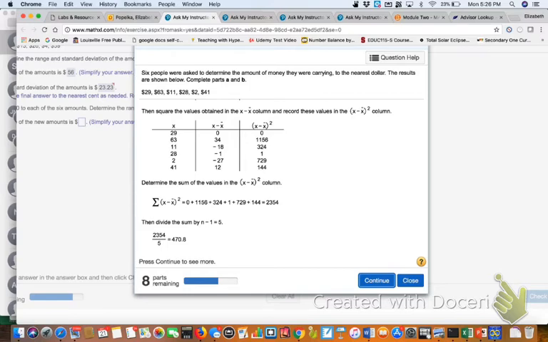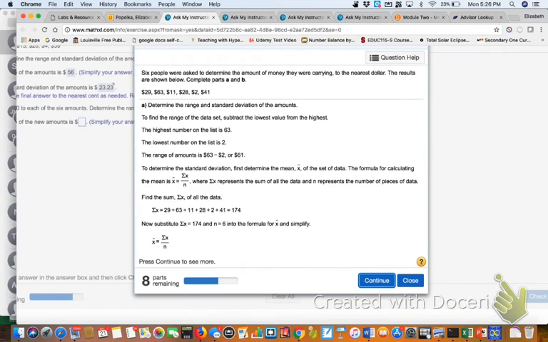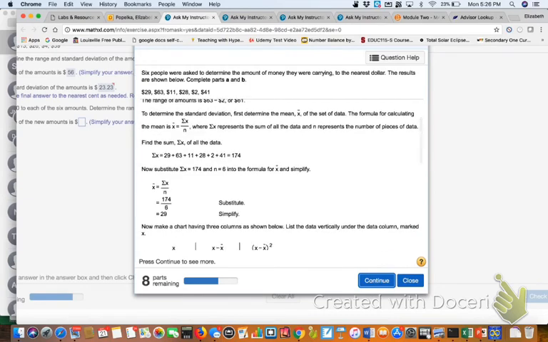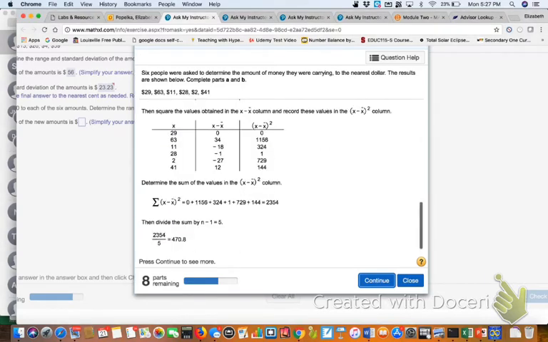When you're finding the mean, in the example in the previous steps, you took all of the 6 numbers and you divided by 6 because you had 6 numbers in the data set. You added them together to get 174, and then you divided by 6. When you find the standard deviation of a set of data, you actually divide by 1 number fewer than you have in the data set.